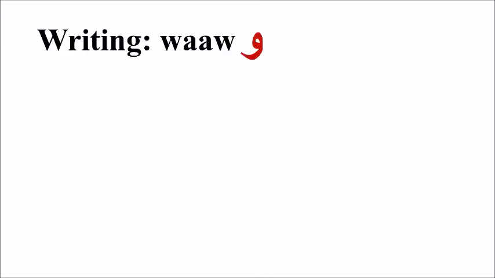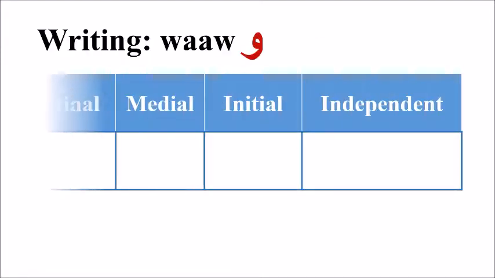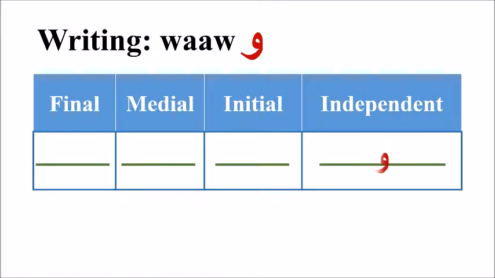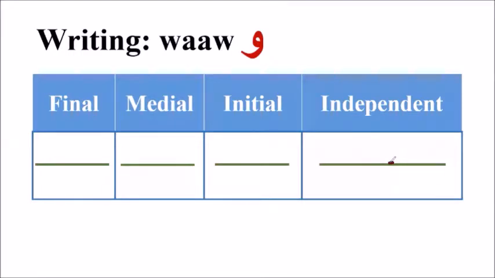Writing wow. Like alif, this letter does not connect to any following letter, and therefore its shapes do not vary much. To write independent or initial wow, start on the line, loop clockwise to the left and up, then swing down into the tail, which should dip well below the line.